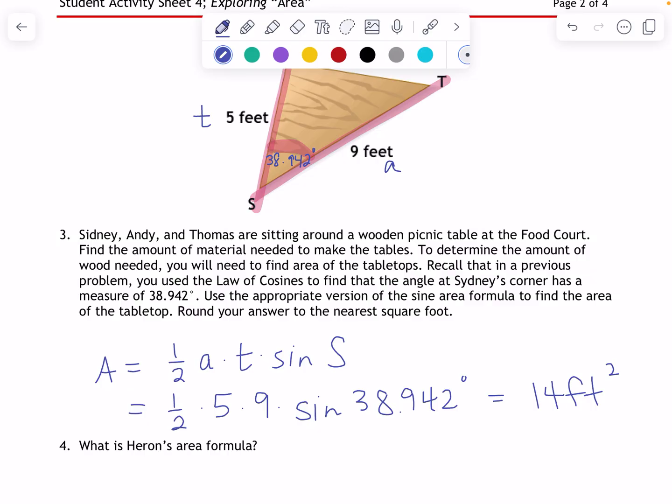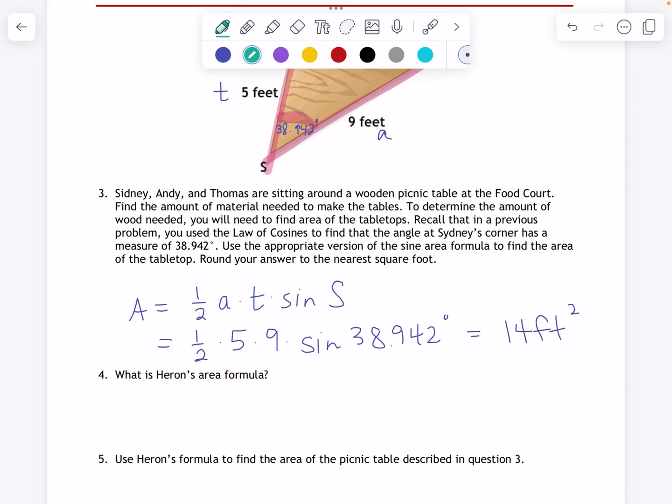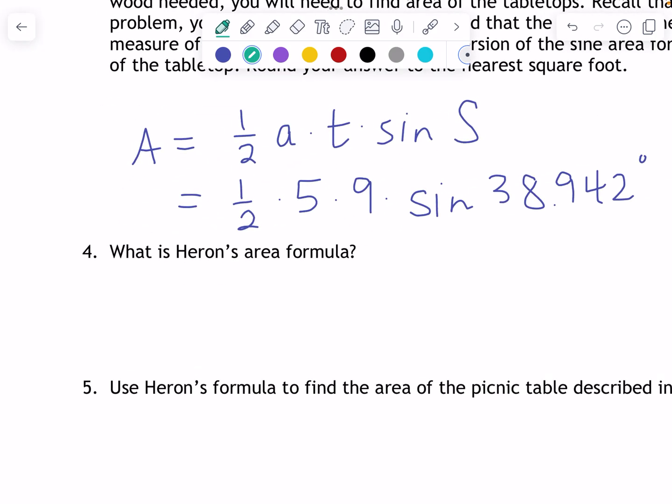Now, in this particular case, we had already figured out that angle in our last class using law of cosines, but there is an easier way. We have this other formula called Heron's formula, and Heron's formula is a way to find the area of a triangle, and we use this when we have SSS, so we have all three side lengths.